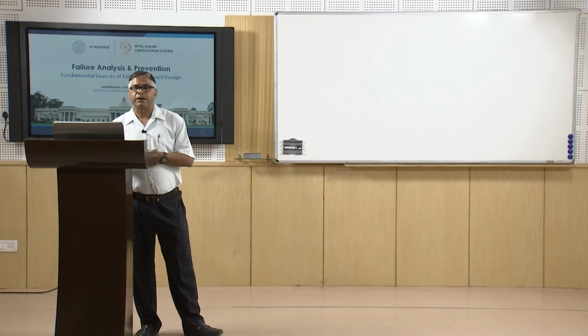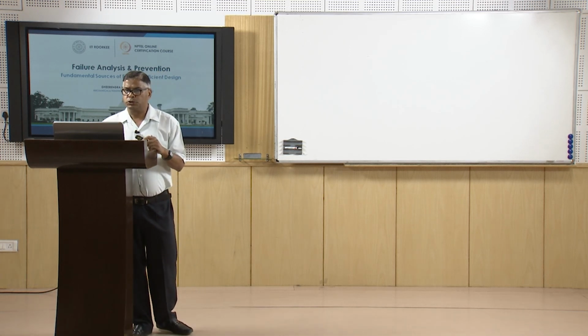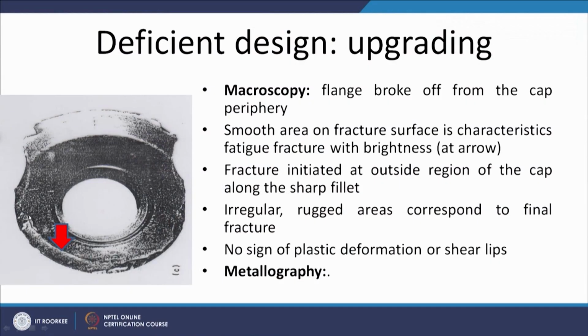The macroscopy of the broken cap showed that the fracture originated from the section where change in cross section was taking place, which we can see here. This is the periphery along which the change in cross section was taking place, and this arrow shows the location from where it was triggered.